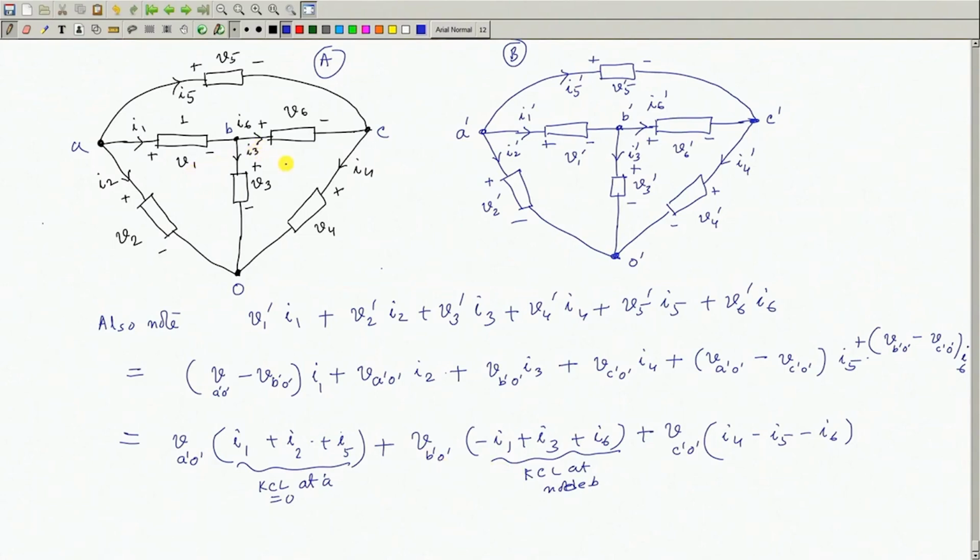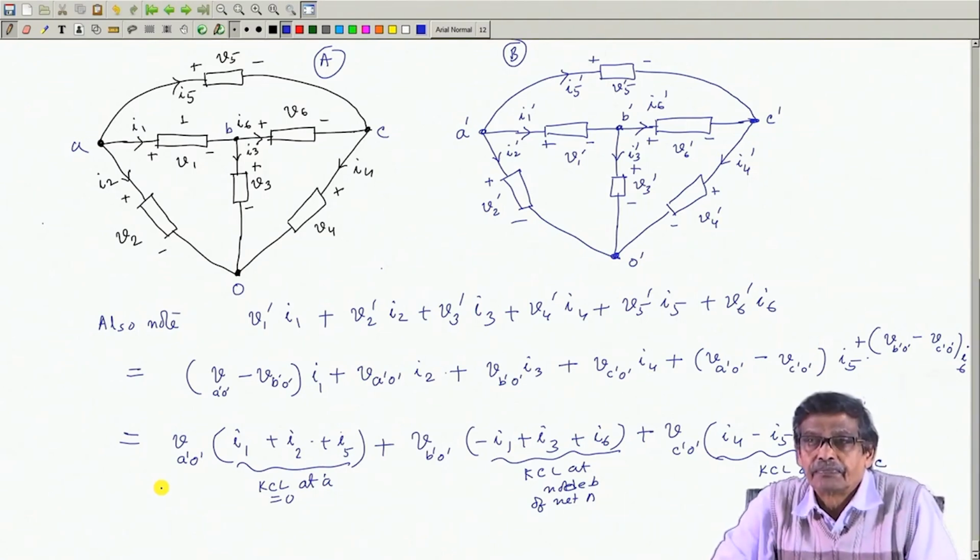I1 plus I3 plus I6, if hopefully it is coming correctly, and finally this one is nothing but KCL at node C of network A. These are all of network A. So, this in general is your Tellegen theorem. Okay.